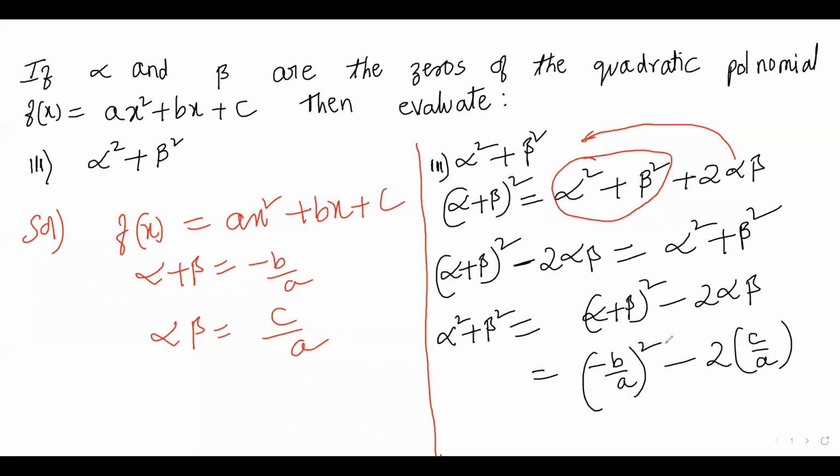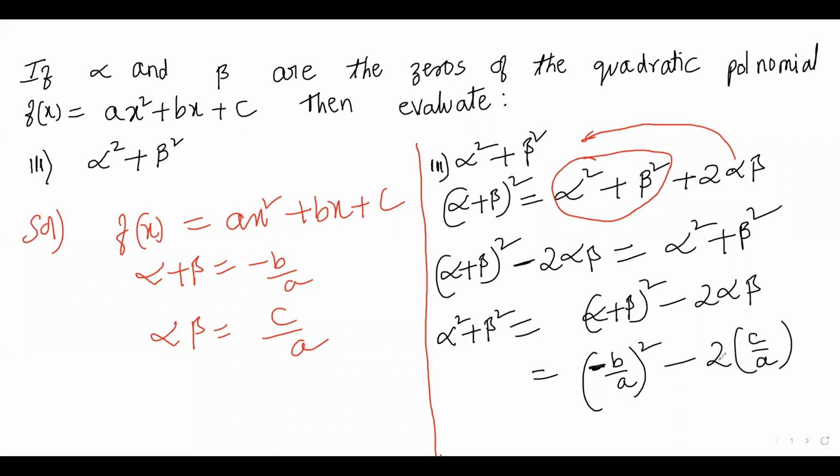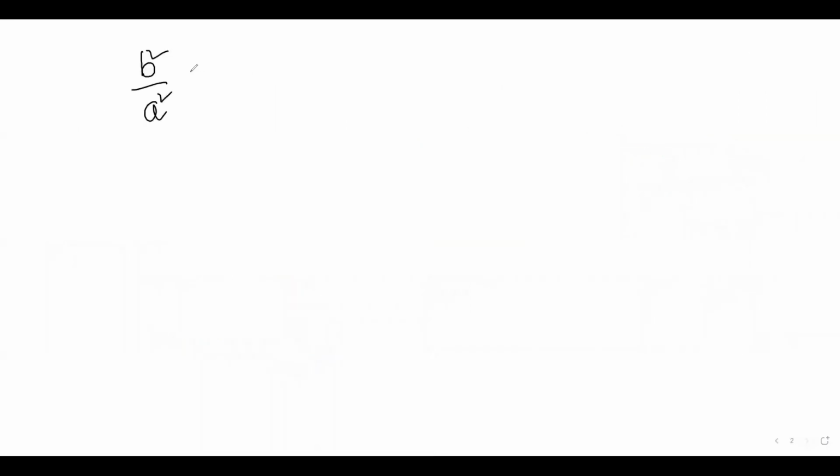When you square minus into minus, it will become plus. So you will get b square by a square. Minus will disappear when you square. This is 2c by a, minus 2c by a.